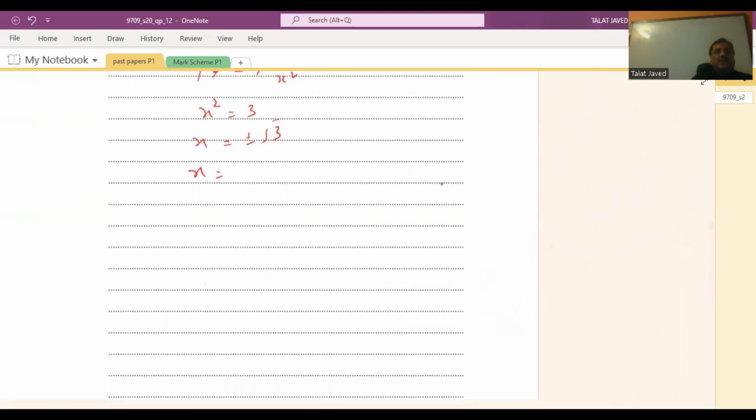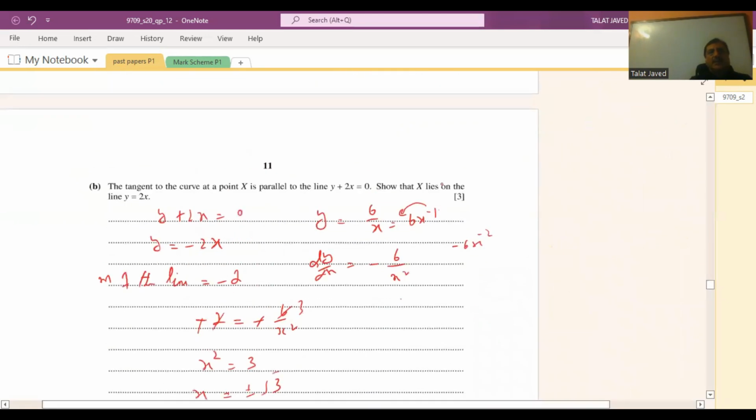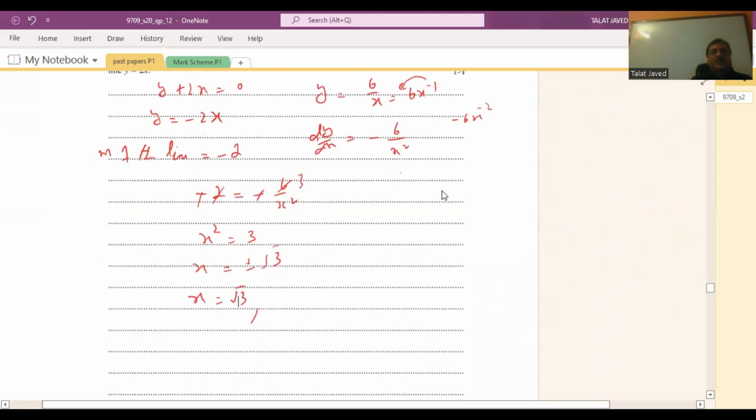So the value of x is root 3, and to find the y coordinate we use the equation of the curve, 6 over x. By putting in the value of x, we get 6 over root 3, and we can write 6 as 2 into root 3 squared.